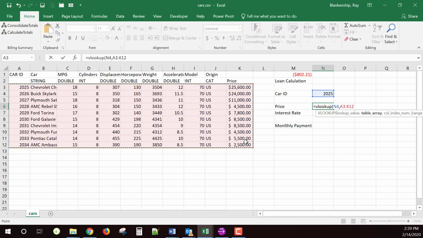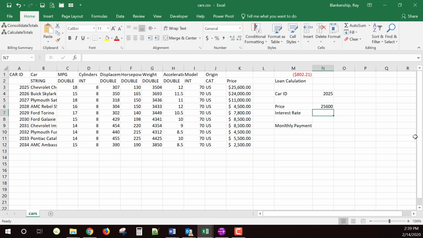Now I could make that absolute if I was going to copy it, but I'm not going to copy it or anything, so I'll just leave it alone. And the column that I want out of this table array is 1, 2, 3, 4, 5, 6, 7, 8, 9, 10. I want the 11th column. So that's where that comes from. And that pulled the correct thing.